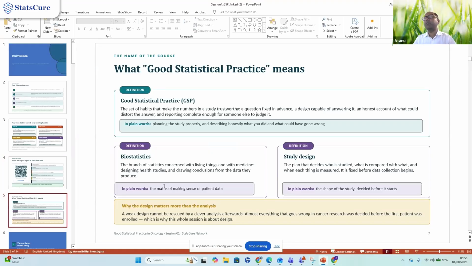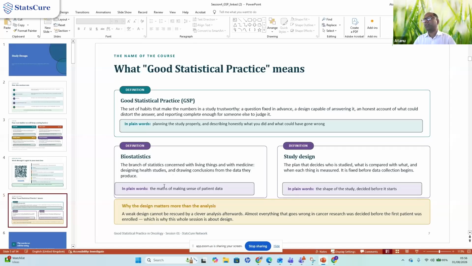Before that we have to figure out what we are going to ask, what study design we are going to have, what would distort the answer, and whether the reporting is complete enough for someone else to judge. In plain words, planning the study properly and describing honestly what you did and what could have gone wrong, in a nutshell, is called good statistical practice.